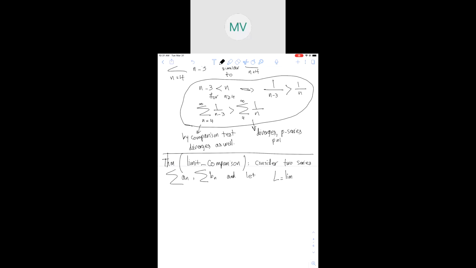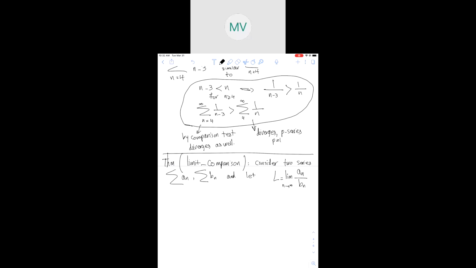Does it have to be bigger than 1 or less than 1? No, as long as it's non-zero. So let L be the limit of a sub n over b sub n. And actually, this ratio doesn't matter. It could be b sub n over a sub n, doesn't matter. As n goes to infinity.